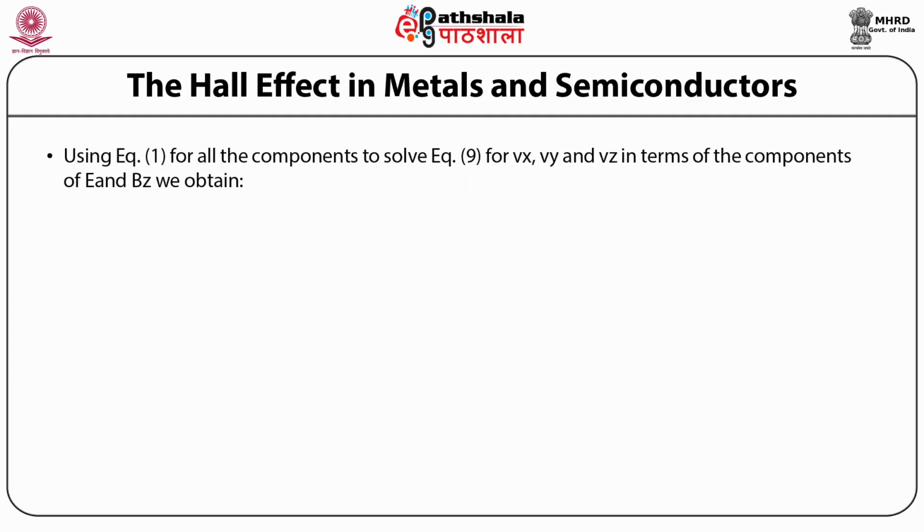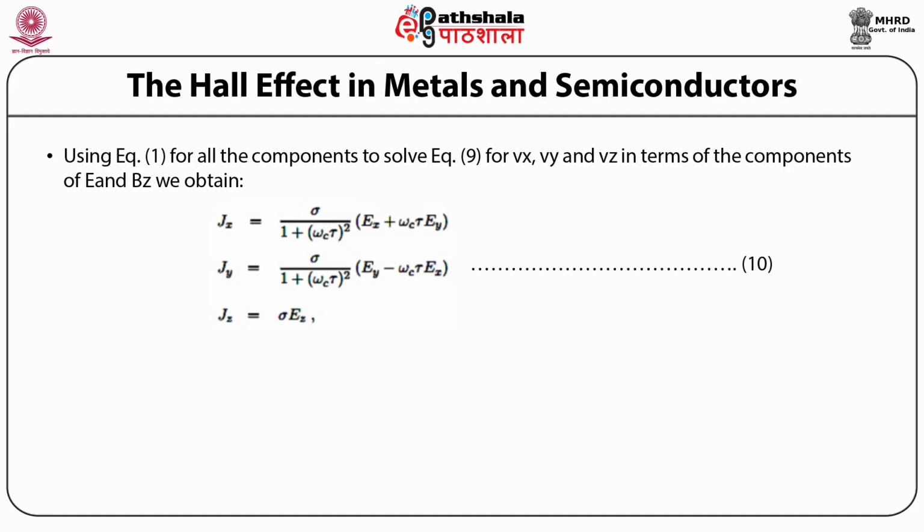Using equation 1 for all components to solve equation 9 for Vx, Vy and Vz in terms of components of E and Bz, we obtain Jx equals sigma divided by 1 plus (omega c tau) squared, multiplied by (Ex plus omega c tau into Ey).